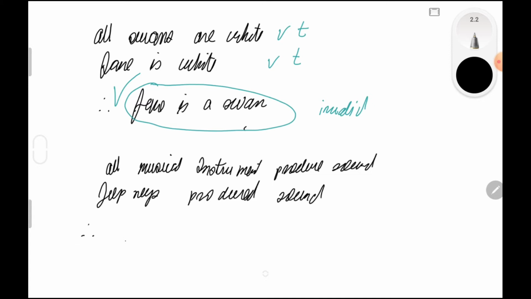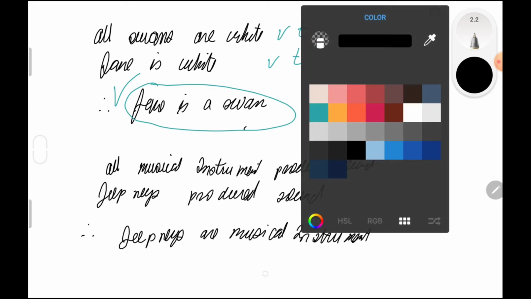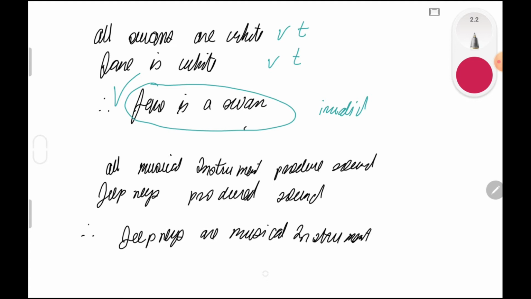Therefore, chimneys are musical instruments. So, yung dalawang connecting word natin is yung sound. Okay? Yung producing of sound.